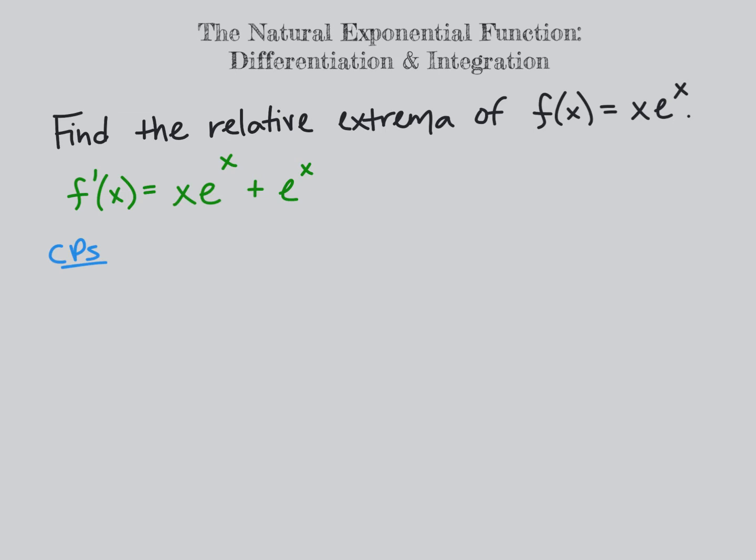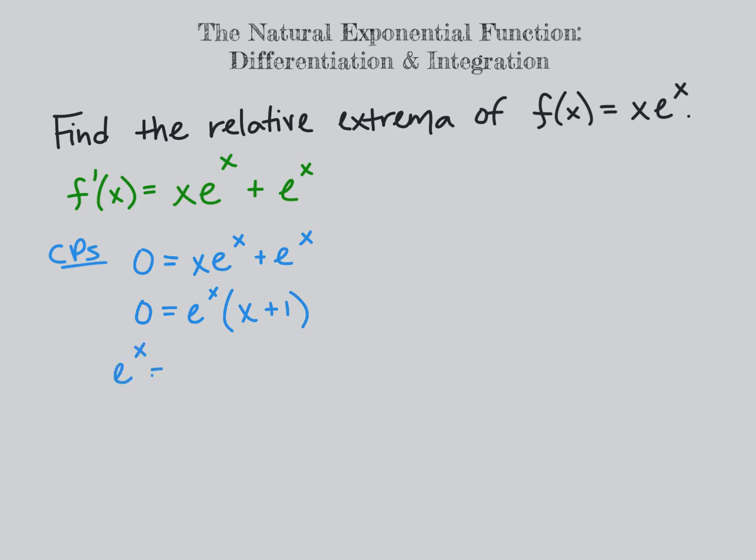We don't even have a denominator. So we are simply just going to set our first derivative equal to 0. Now, how do you solve for something like this? Well, the answer to that is to factor. We are going to take out the greatest common factor, which is e to the x, and we are left with x plus 1. Then we'll set each one of those factors equal to 0.